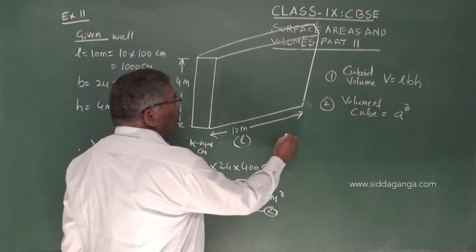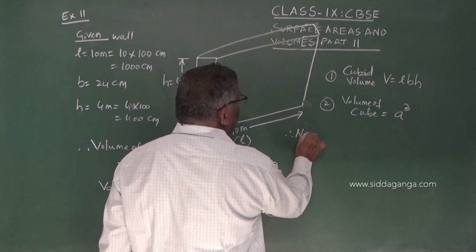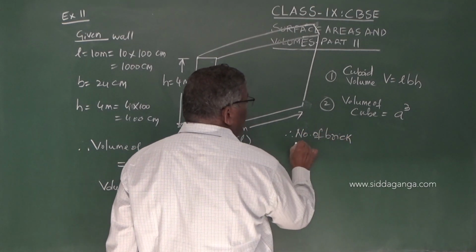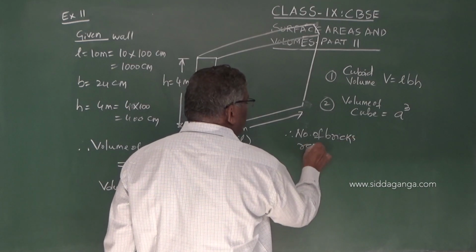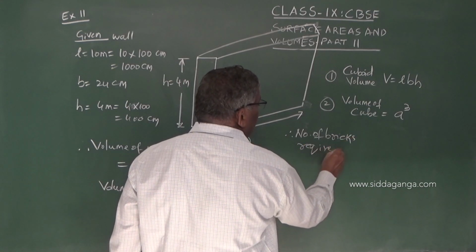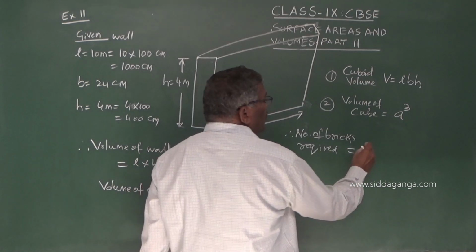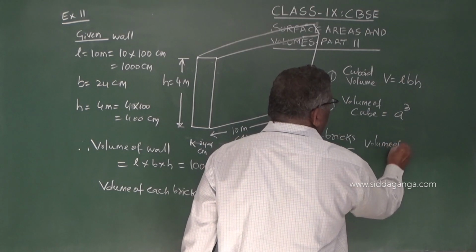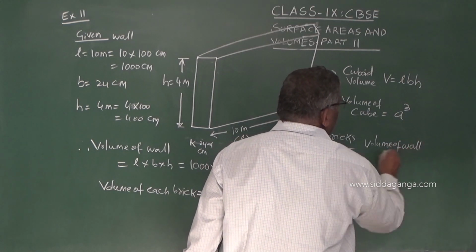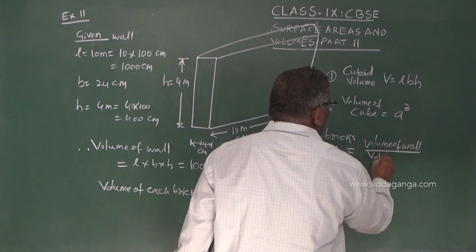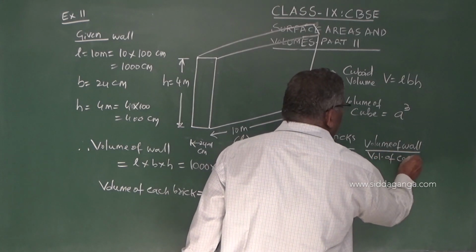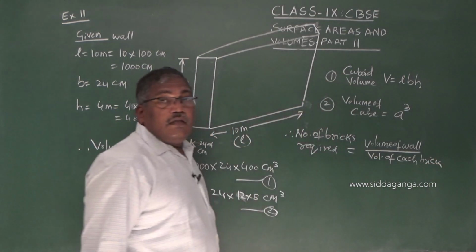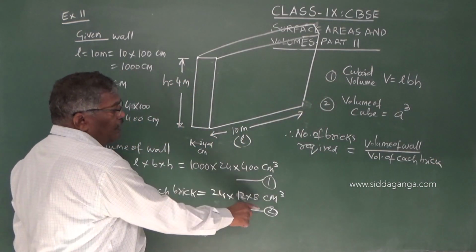So therefore, number of bricks required equals volume of wall divided by volume of each brick. That means equation 1 divided by equation 2.